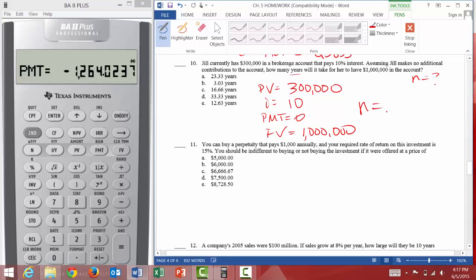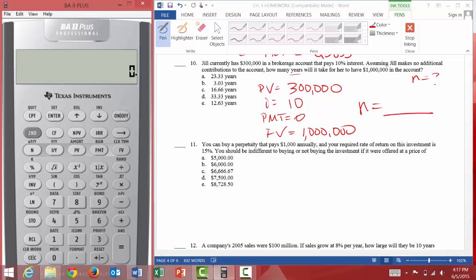So N is equal to, and let's go over here to the calculator. So 300,000 is the present value. 10 is the interest rate. 0 payment. And 1 million is the desired future value.